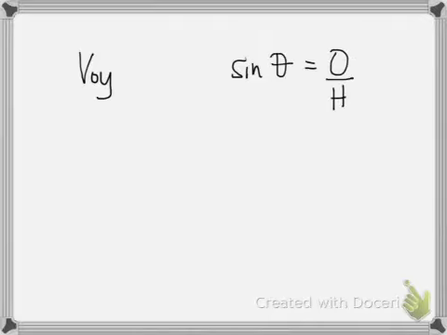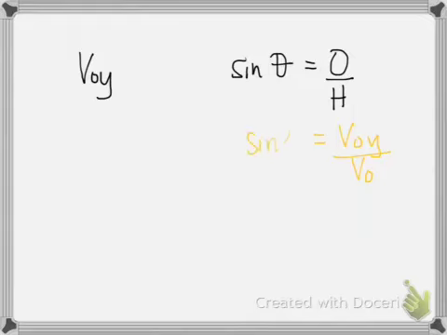Similarly, you will be able to find your VOY by using the function of sine of an angle, which is opposite over hypotenuse. But remember, again we do not have the opposite and the hypotenuse. What we have is VOY, the opposite, and the hypotenuse, which is your V initial.